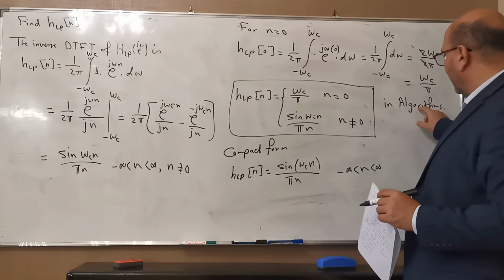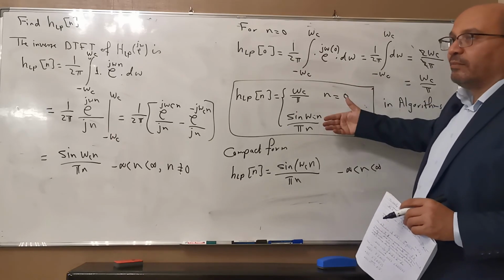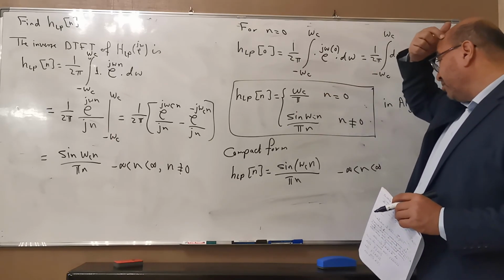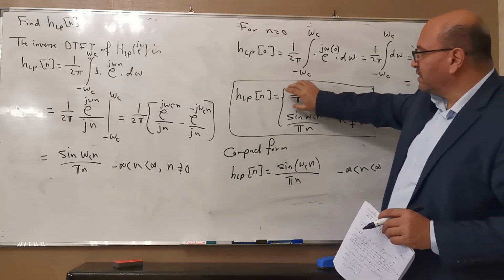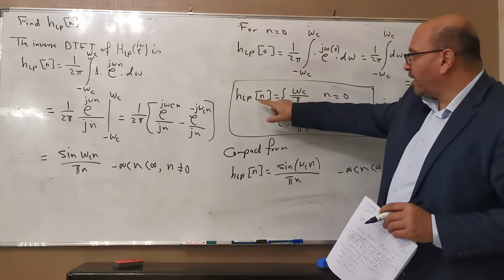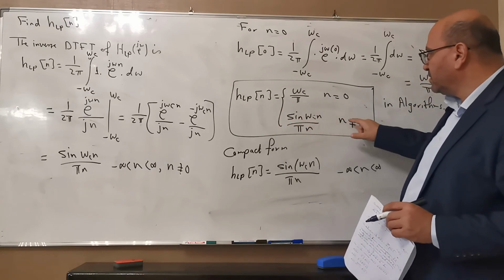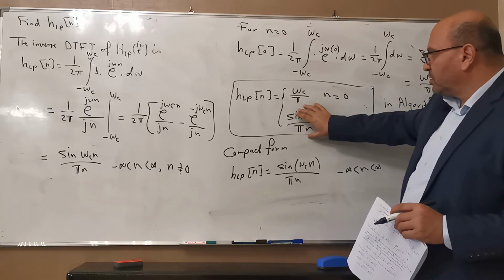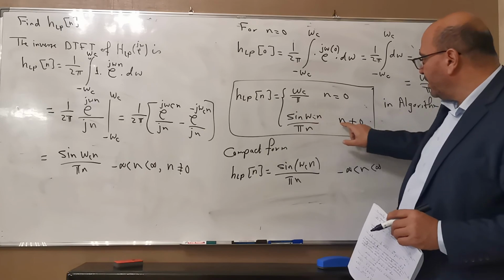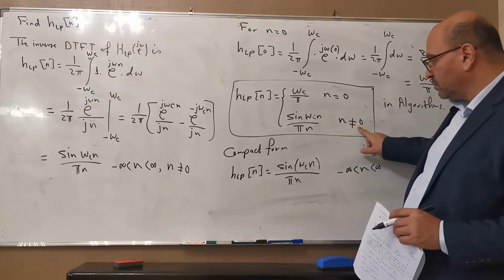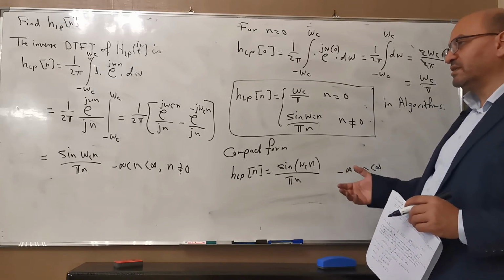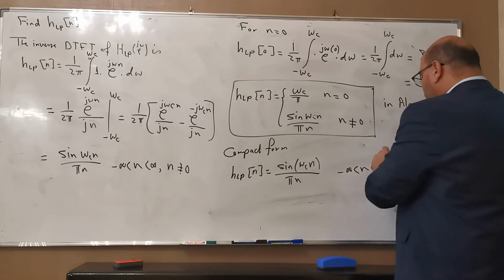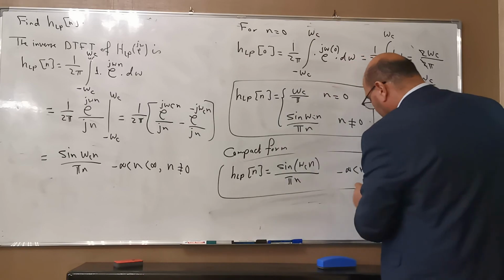If you are using algorithms or you are programming using MATLAB or any other language, you have to define for n equals 0, this is h low pass of 0. And for n not equal to 0, this is your h low pass of n for any n that does not equal 0. If you are just writing mathematics or you are doing some derivation, then you can use this formula with no problem.